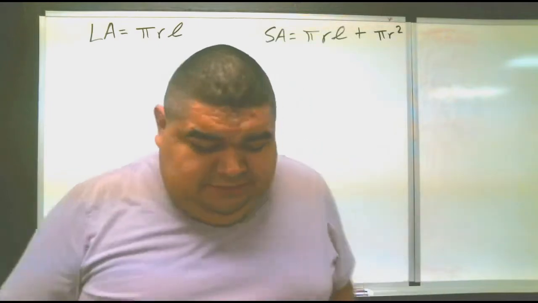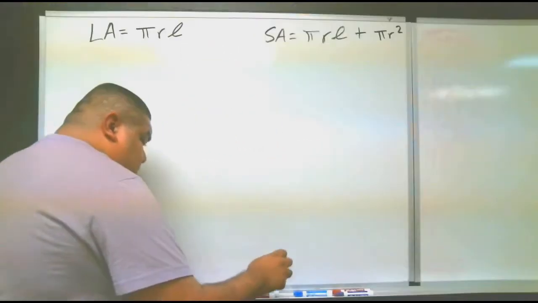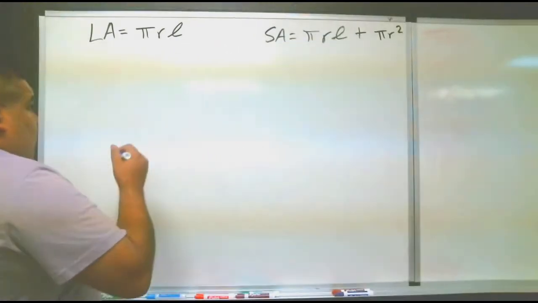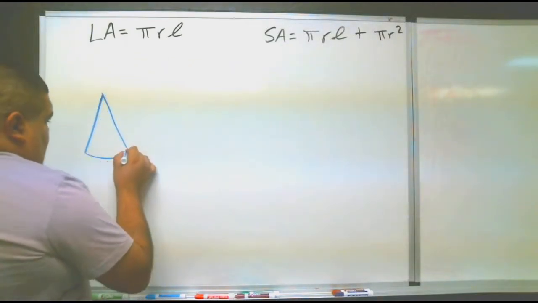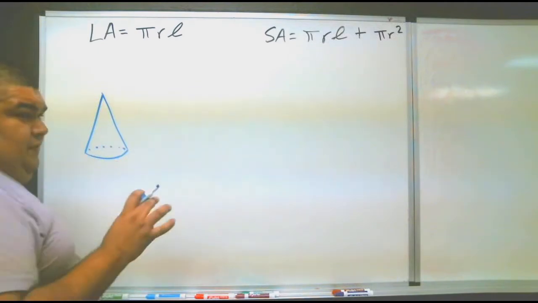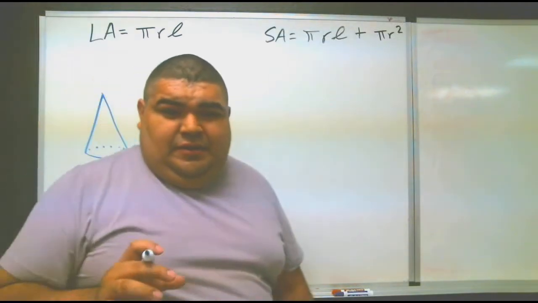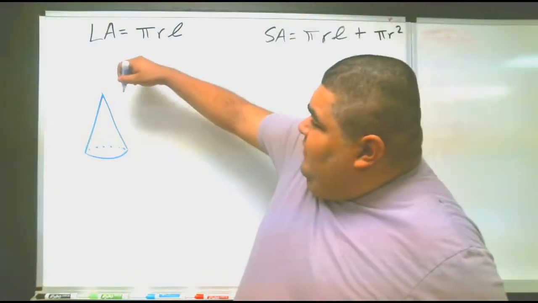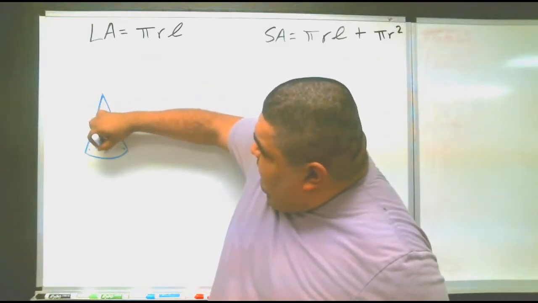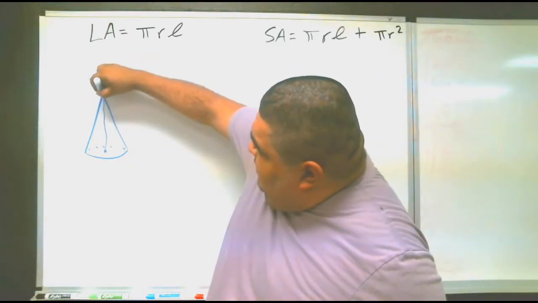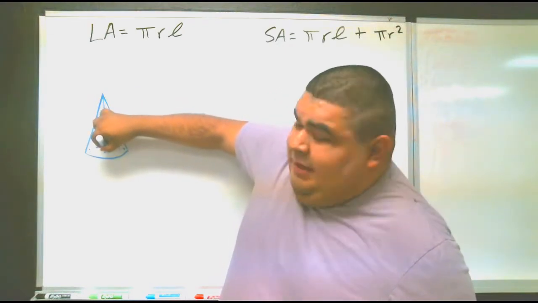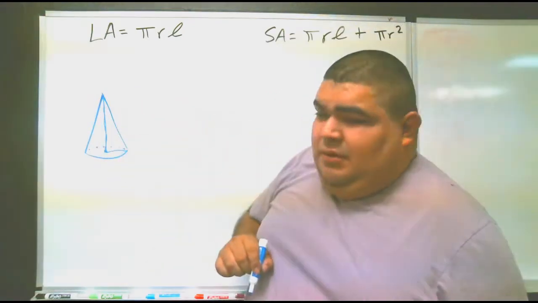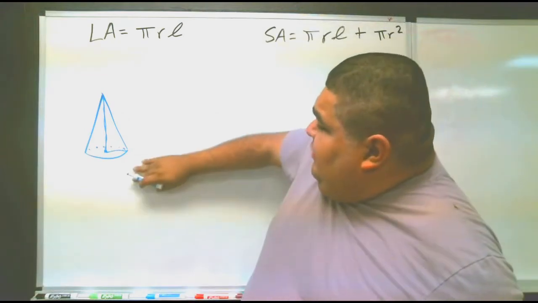I will say this. When it comes to a cone, if you really look at this cone, if you make a line from the radius up, that is your altitude, then you combine your radius as well.